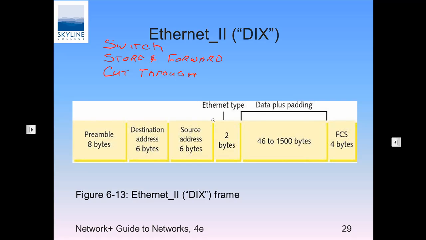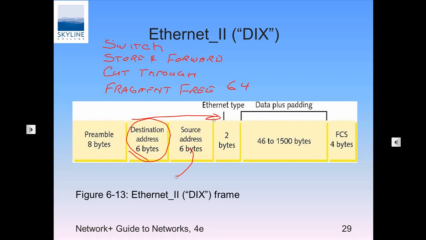What cut through says is, as soon as I know where it's going, send it there. It doesn't do any checking. The third type is called fragment free. It reads a little bit more. It reads the first 64 bytes of data and then forwards it.